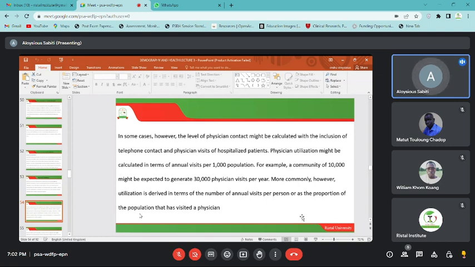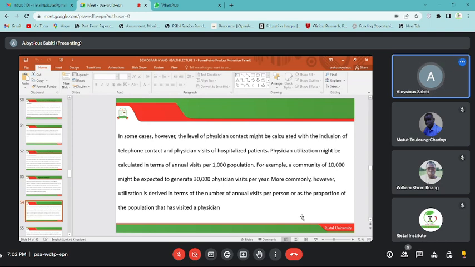In some cases, however, the level of physician contact might be calculated with the inclusion of telephone contact and physician visits of hospitalized patients. Physician utilization might be calculated in terms of annual visits per thousand population.